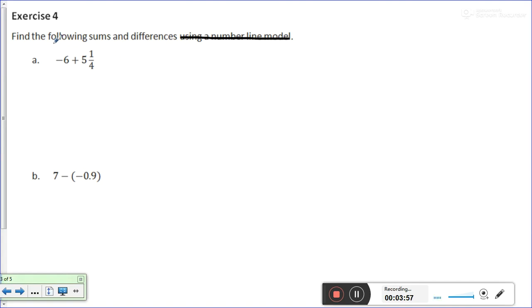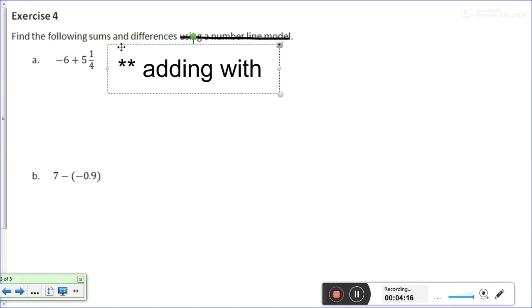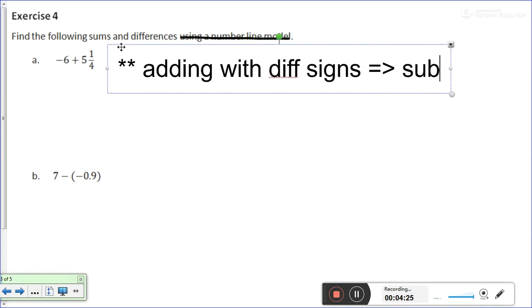Okay, this one we already are adding, so we're in good shape. And now remember, we're adding. There's a negative and a positive, which means I'm really going to be subtracting. Adding with different signs means that we are really subtracting those absolute values.